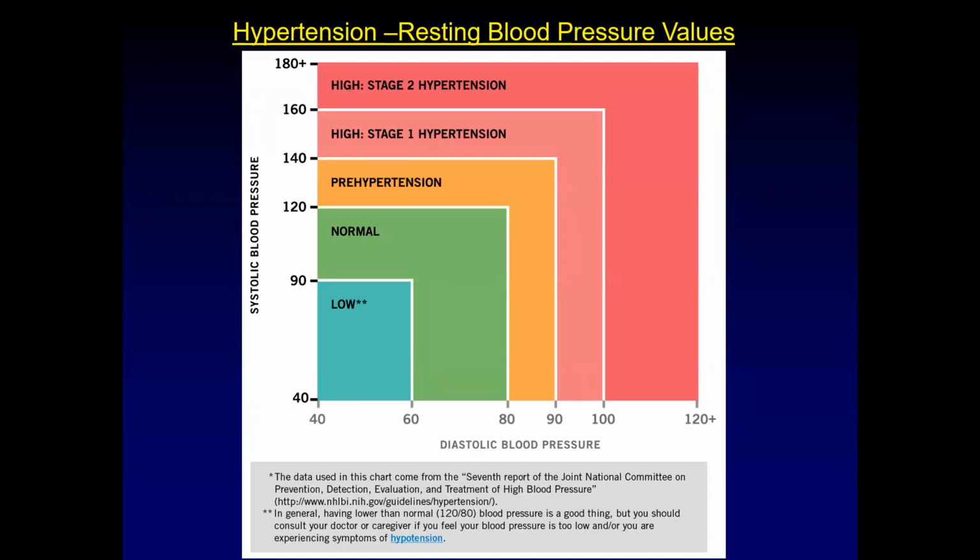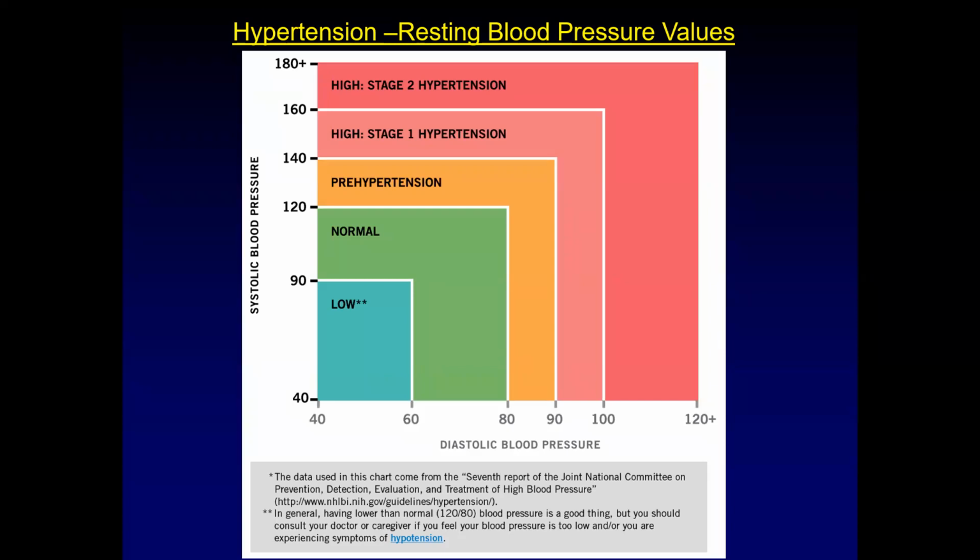By the time you get to stage 2, that's when they're really going to begin a pharmacological intervention. We've got systolic pressure on the Y, diastolic pressure on the X. Somewhere at 90 over 60 or below on either of those, you're considered to have low blood pressure.